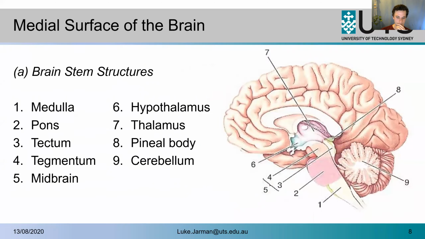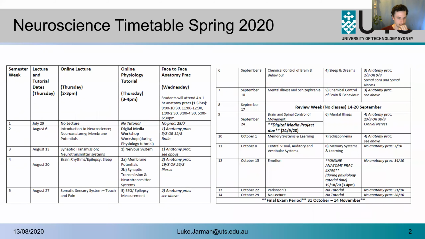Let me just double check what we're doing next week. Next week we're doing synaptic transmission, carrying on from what David was doing. So it's a lot of stuff about concepts. It's not going to be more of what we did today. This was just a one-off.